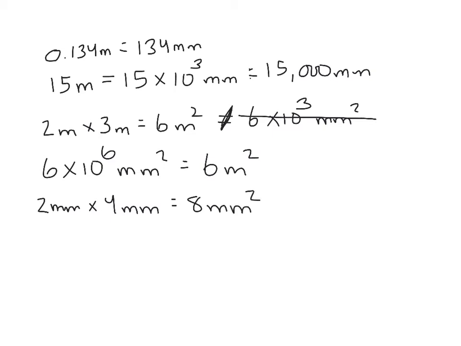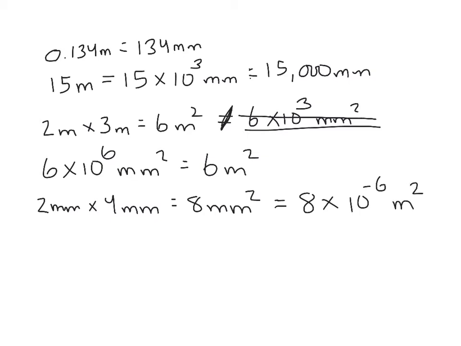And you need your answer to be in meters squared. Well, to go the other way around, it's to the negative third power, and just like up here, you can't just add one single 10 to the negative 3 power, you need to do it twice. So 8 millimeters squared converts to 8 times 10 to the negative 6 meters squared.